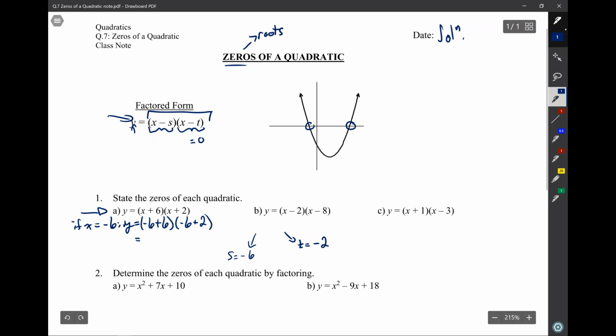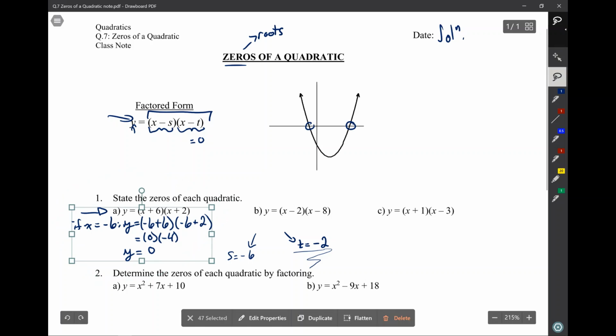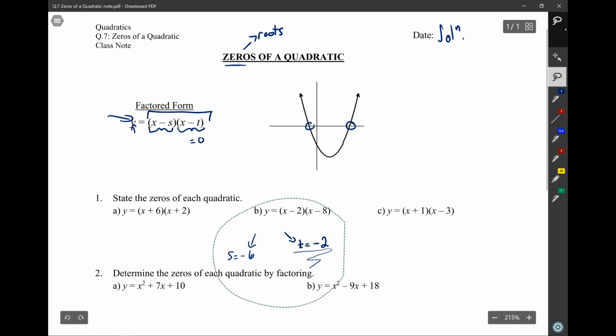I can see right away my first pair of brackets would equal 0, my second pair of brackets would equal -4. I'd multiply those two together and I would have 0, so y equals 0. I could see that as well if I substituted in x equals -2.